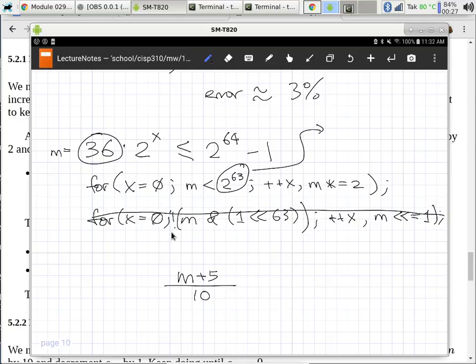Is that making any sense? Because the number has to be less than or equal to 2 to the power of 64 minus 1 and then minus 4.